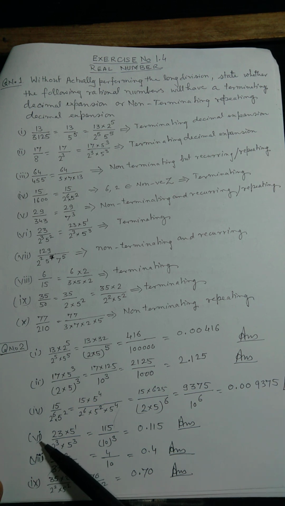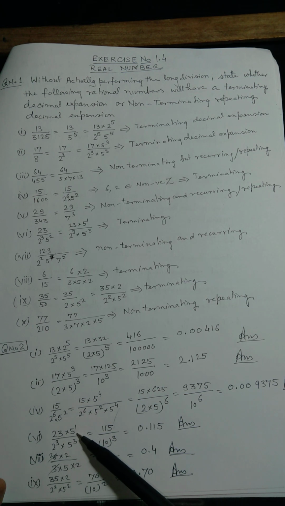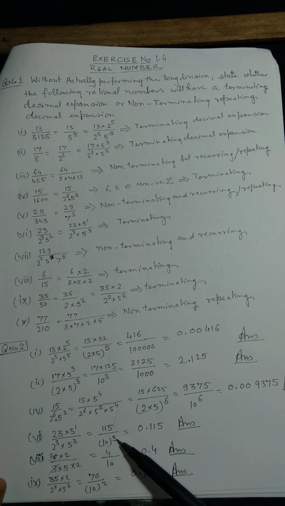Now proceed to the sixth part of the above question, that is question number 1. So 23 into 5 raised to power 1 divided by 2 raised to power 3, 5 raised to power 3. Now you see here the power of 2 is 3, 5 is 3. I have combined it and put the power 3. So it will become 1000.